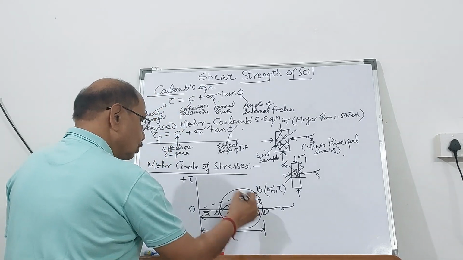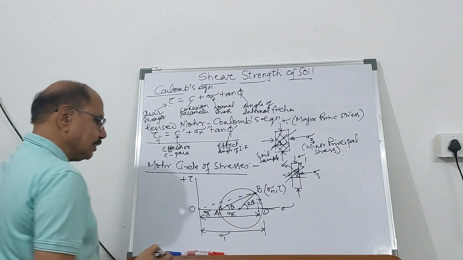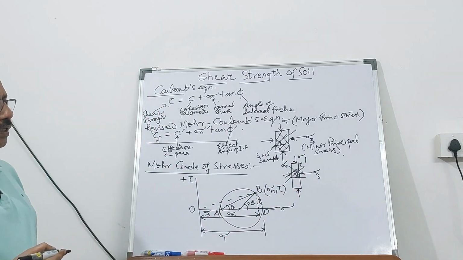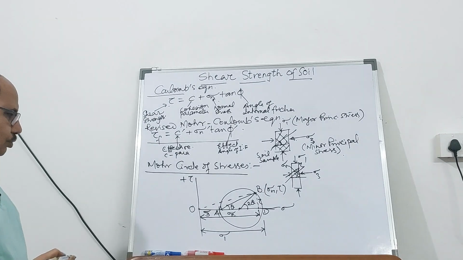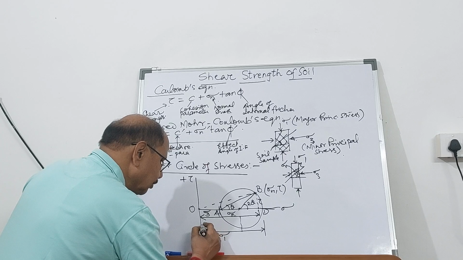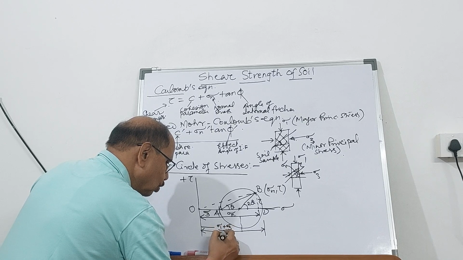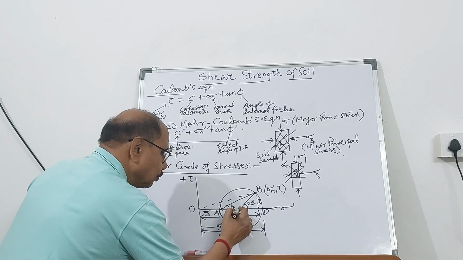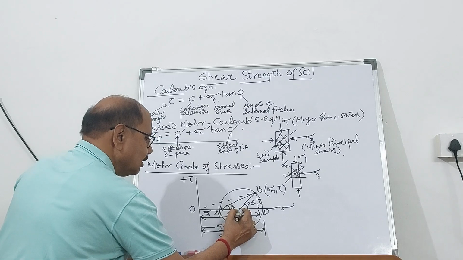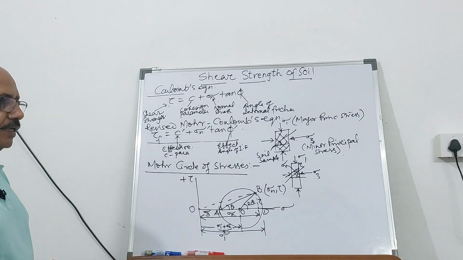So I am going to represent all the stresses like this, and therefore I am in a position to find this particular distance from O. This will be sigma 1 plus sigma 3, whole divided by 2, up to the center. The center may be called O. So up to here it is going to be like this.